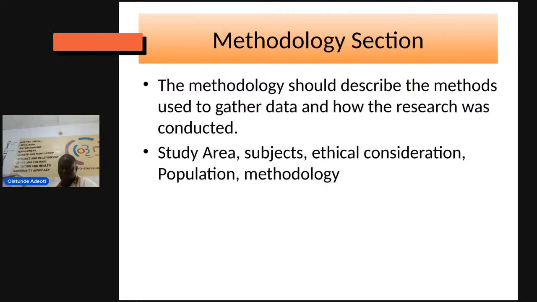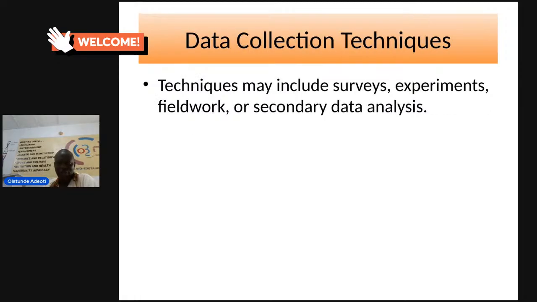How many grams of iodine are you going to add? So all these will come under methodology and procedure. Then you now go to data collection techniques. This will include survey, experiments, fieldwork, and secondary data analysis.